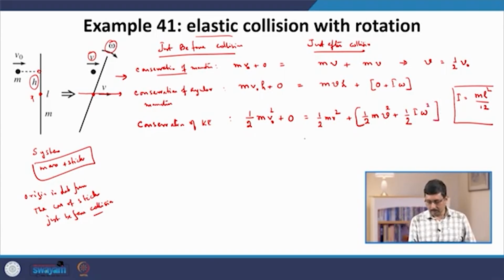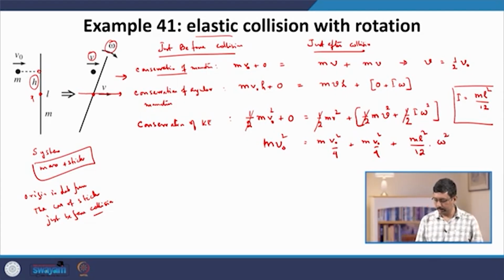Now we can cancel the half and m. Half m v naught square is equal to m and v is half v naught. So, m v naught square by 4 plus m v naught square by 4 plus, this half is cancelled from all the terms, mL square by 12 times omega square.